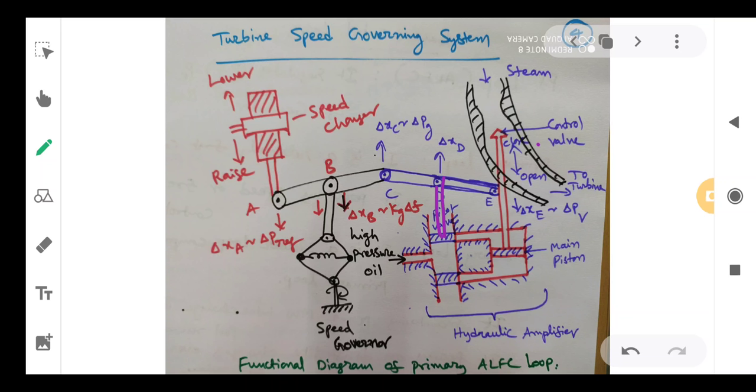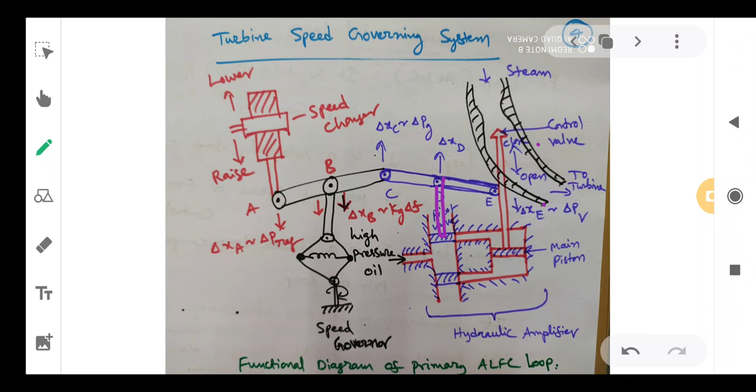This rise command leads to downward movement of XC, so that more steam is admitted and power generation can be increased. These two are related like that, and vice versa. When the lower command is given, delta XC moves upwards, less steam is admitted to the turbine, and the power output of the turbine decreases.